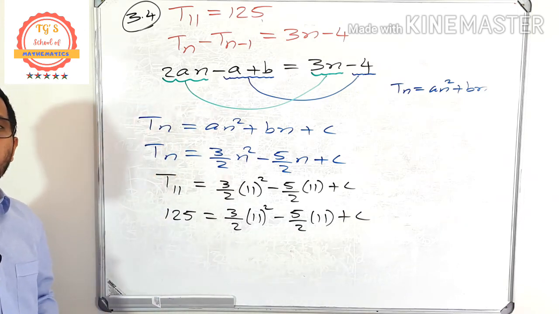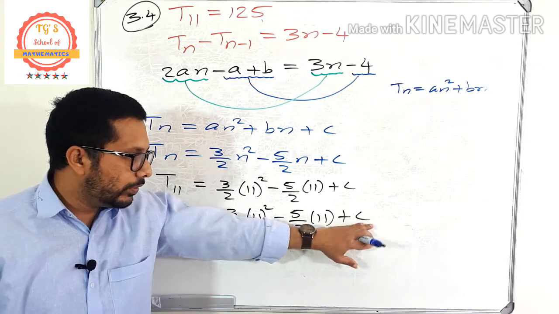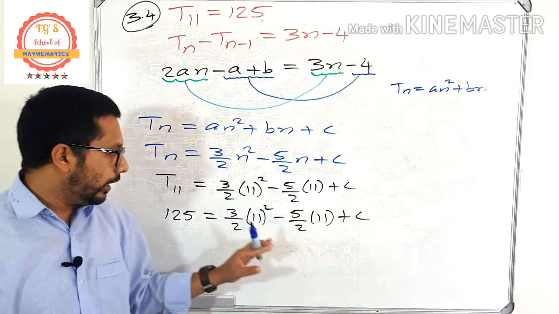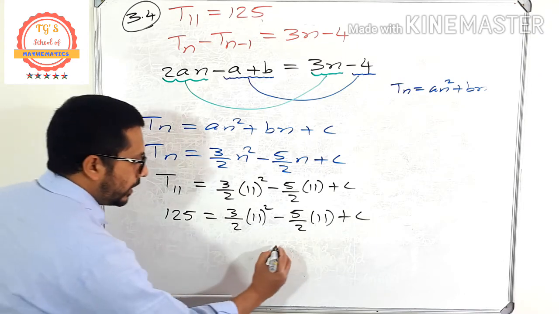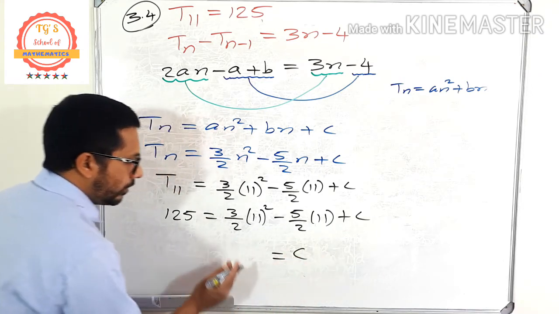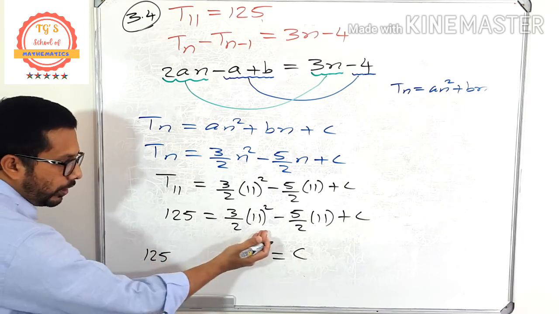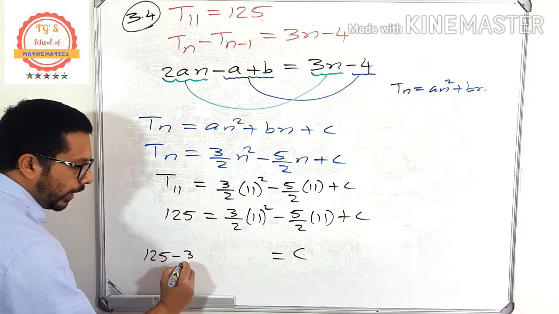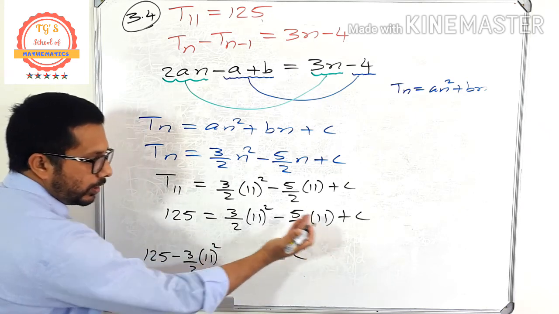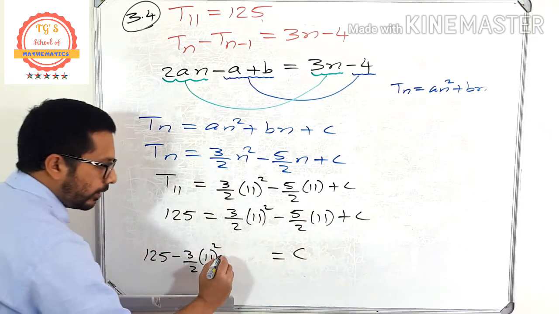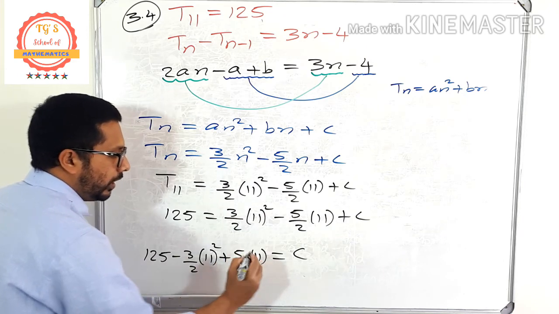So from here, how can you find the value of c? Leave the positive c there, and take all of this to this side. So c is equal to 125 minus 3 over 2, 11 square, and this side it is plus 5 over 2 into 11.